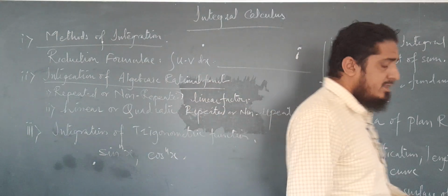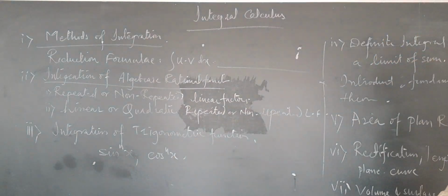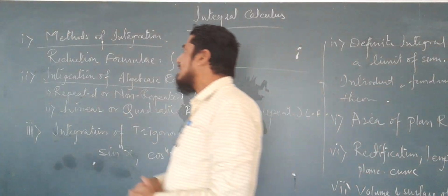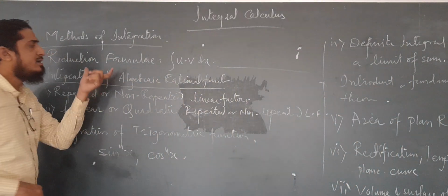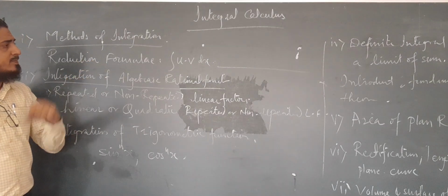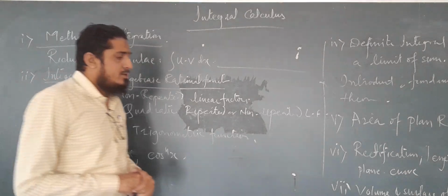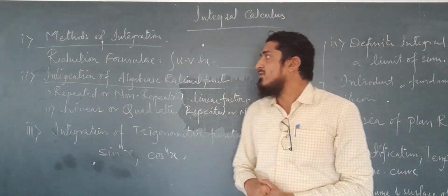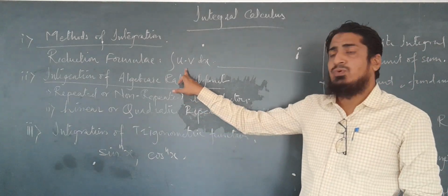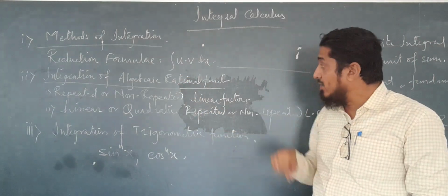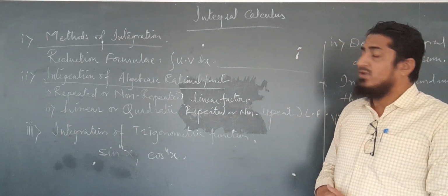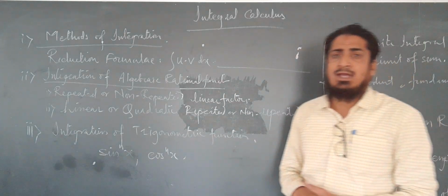Now we will start with methods of integration, in which we are going to learn about the reduction formula. Reduction formula by using the u into v form, integration of u into v, where u and v are functions of x.